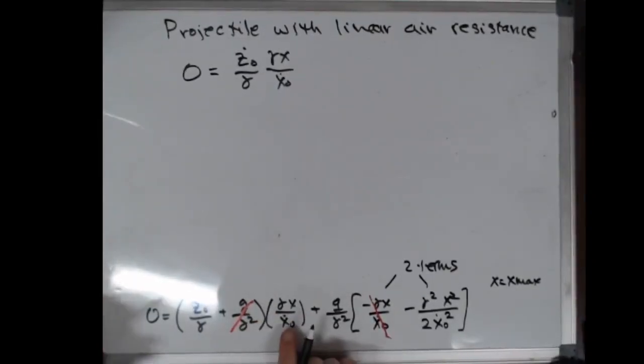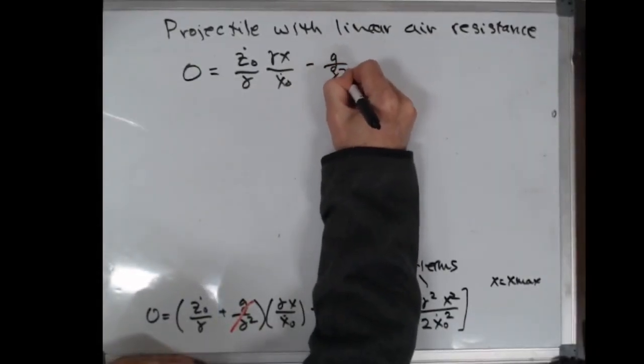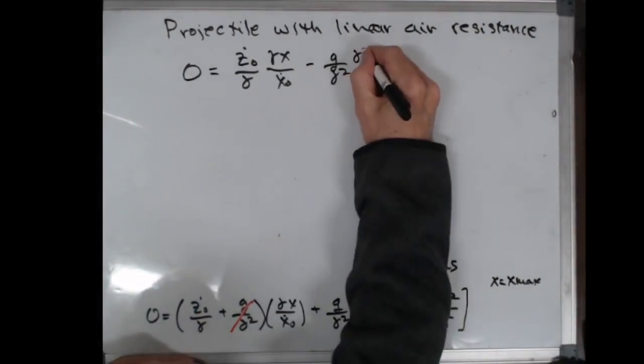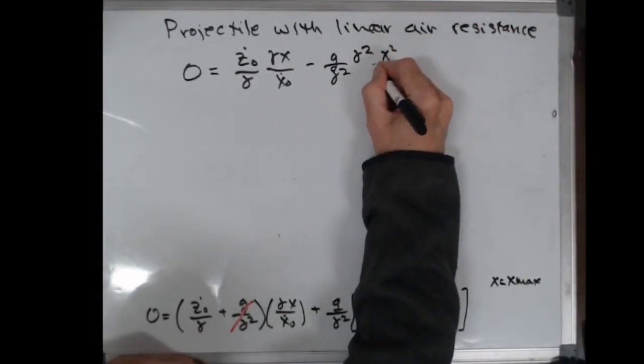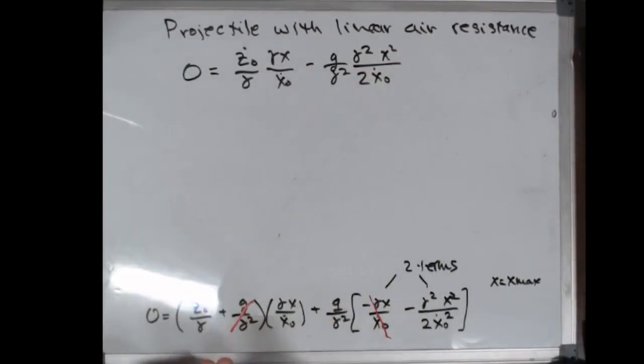This term doesn't count, so it's just that times that, and it's plus this one times this one, so it's minus g over gamma squared, and then times this, with the minus sign taken care of, gamma squared x squared over 2 x naught dot.